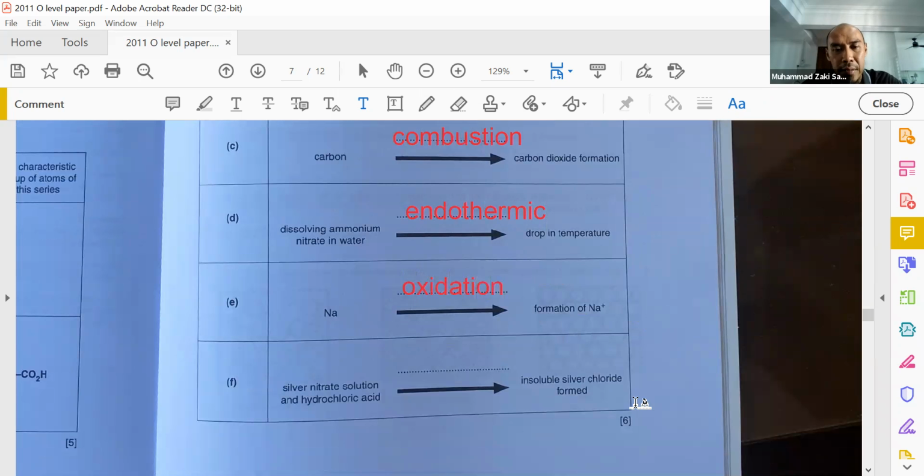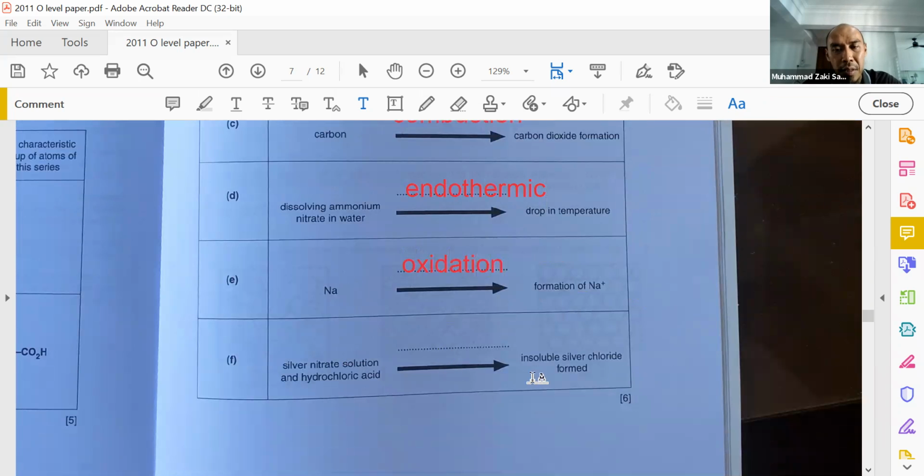Next, silver nitrate solution giving an insoluble precipitate. If you remember, this is the test for chloride ion. So we write down here chloride ion test. When you do the chloride ion test in QA, what do you get? A precipitate. So this process is called precipitation.